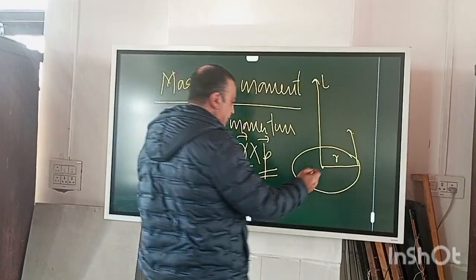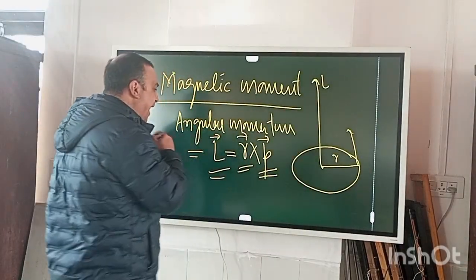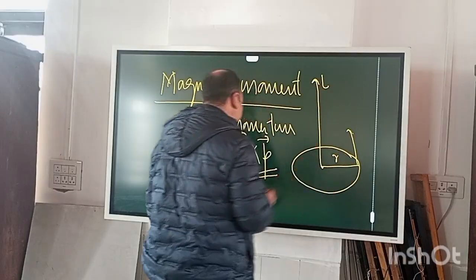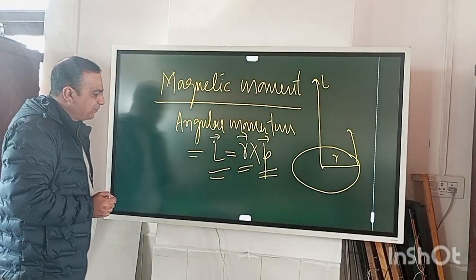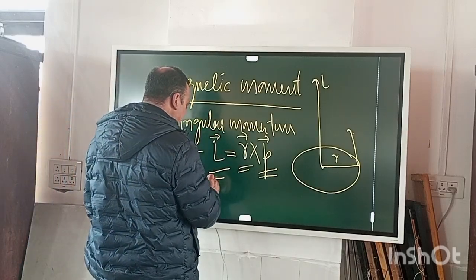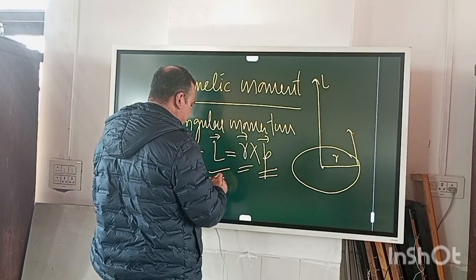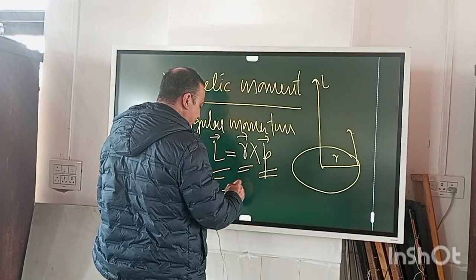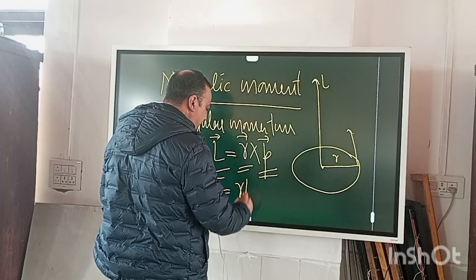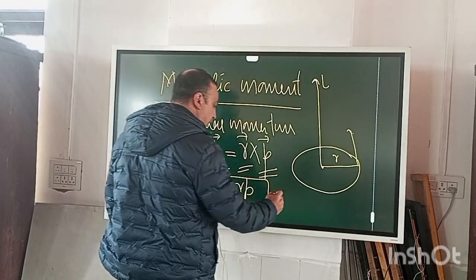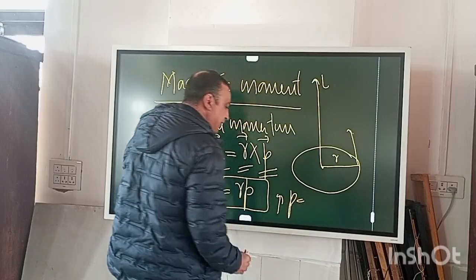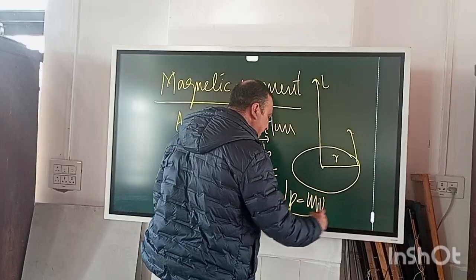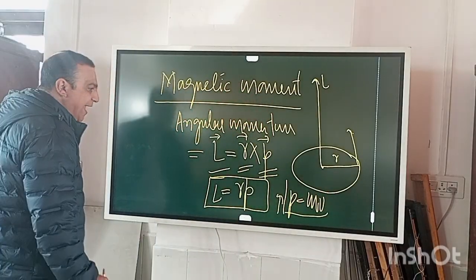So if I write down the magnitude of angular momentum, L is rp, where p is the linear momentum, and we know the magnitude of the linear momentum is the product of mass and velocity.